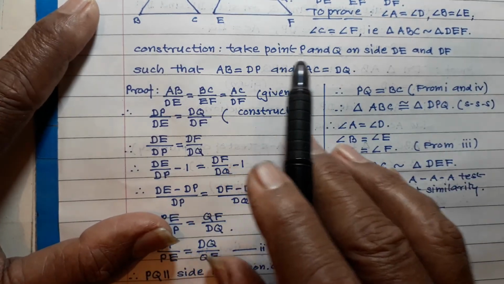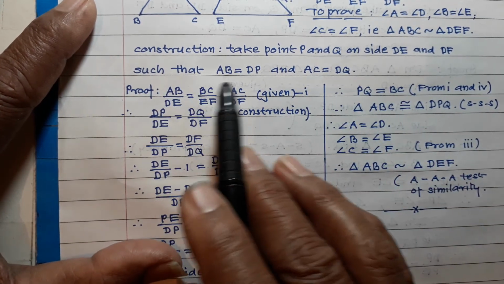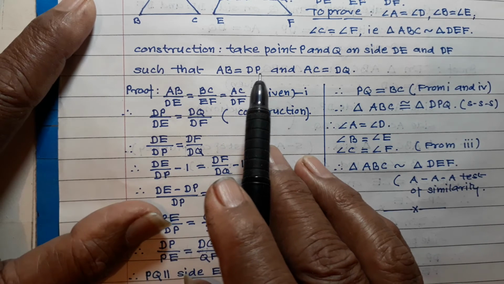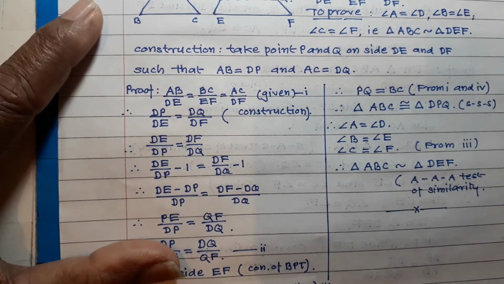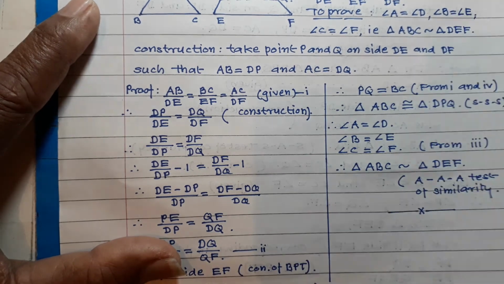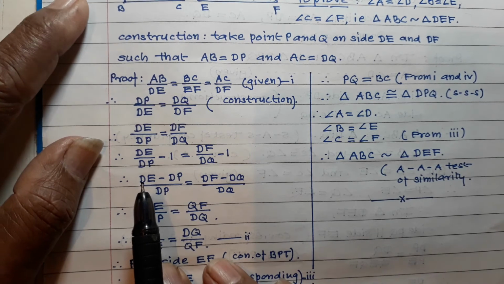Construction: Take points P and Q on sides DE and DF such that AB is equal to DP and AC is equal to DQ. Now try to understand the proof. These proofs are slightly complicated, so concentrate.